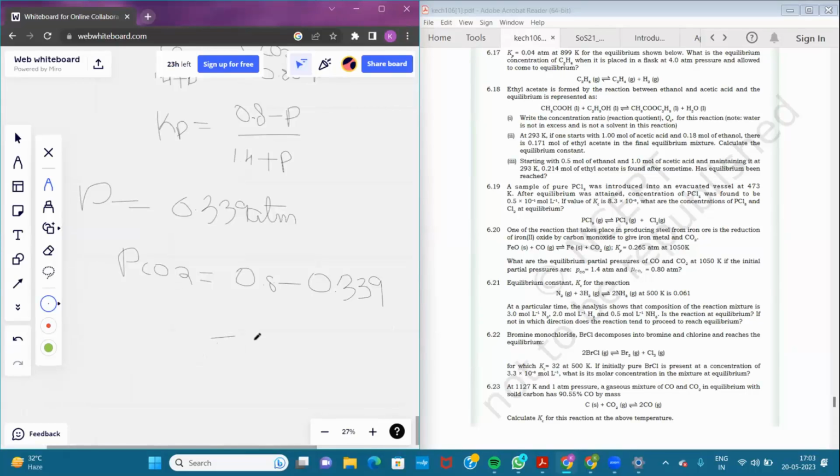This value is 0.461. Partial pressure of CO would be 1.4 plus 0.339.